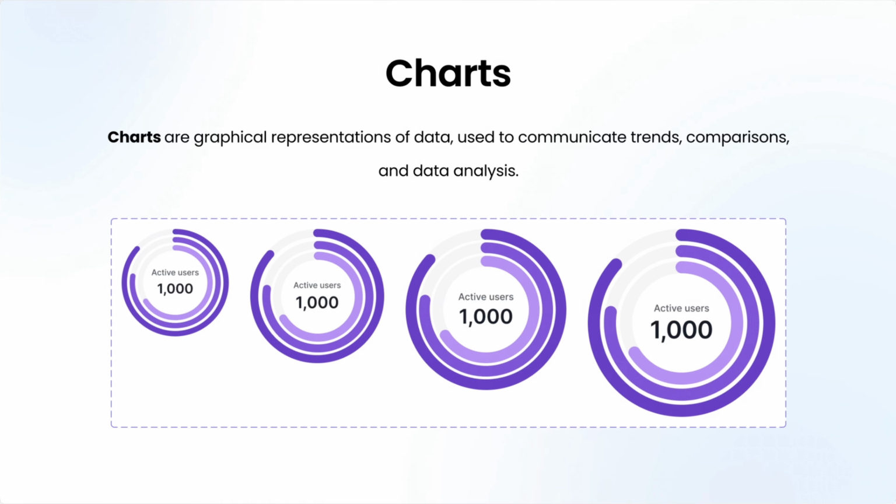Most of you already are very familiar with this element, and they come in all sorts of different forms, but basically they are graphical representations of data, and they're used to communicate trends, comparisons, and data analysis. So these are going to be in different shapes and forms, such as bar charts, pie charts, and all sorts of different other options available.